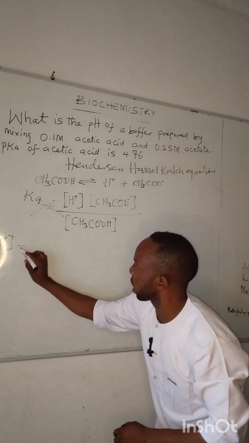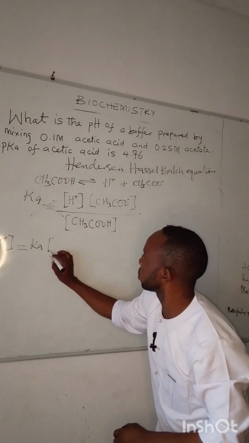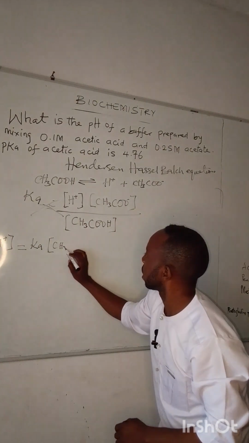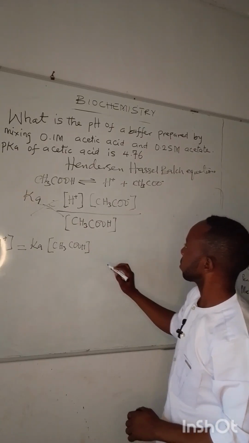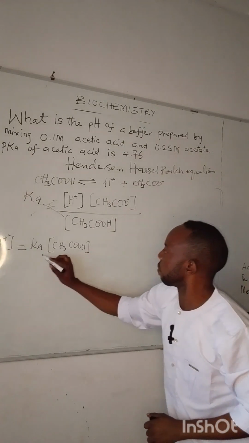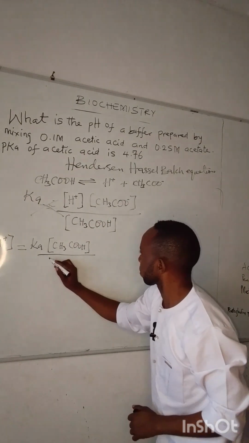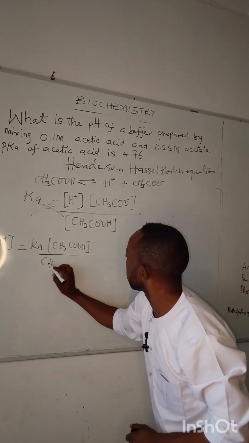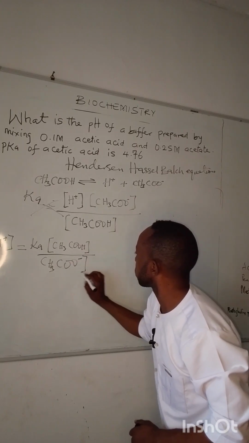So we have Ka times the concentration of acetic acid, all over the CH3COO minus concentration.